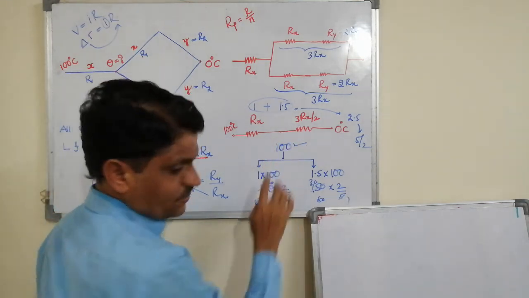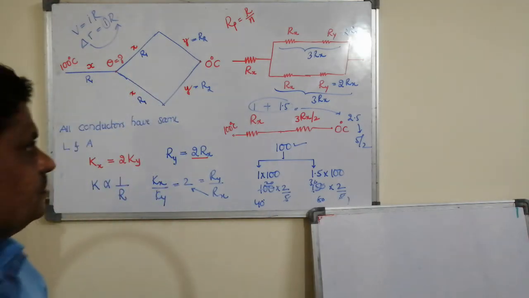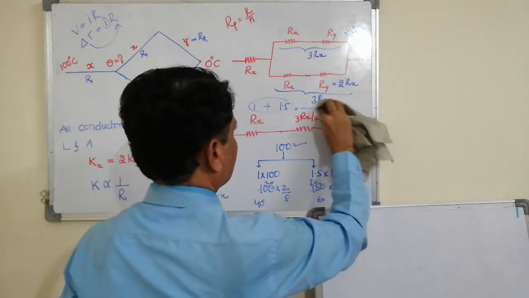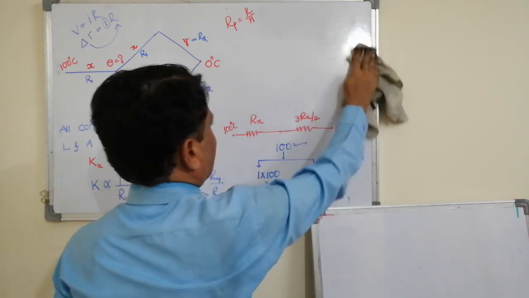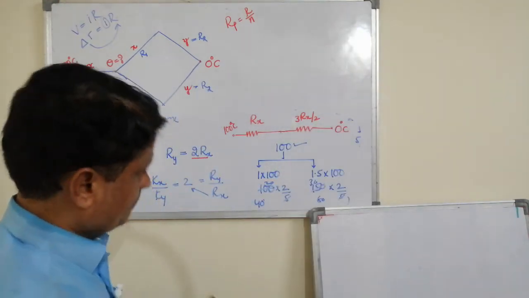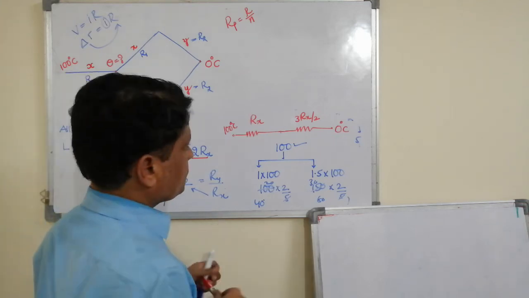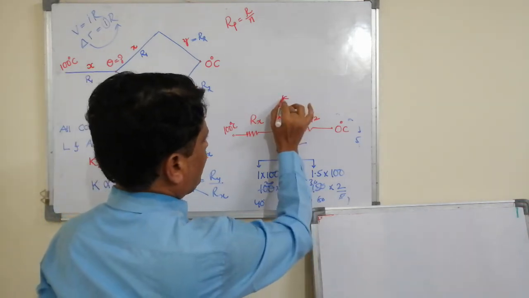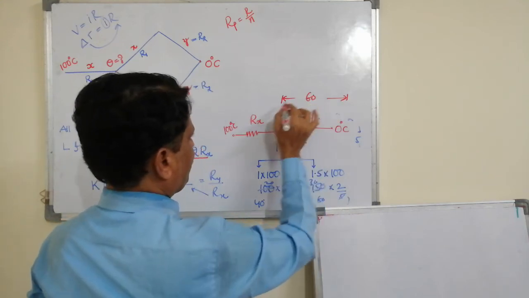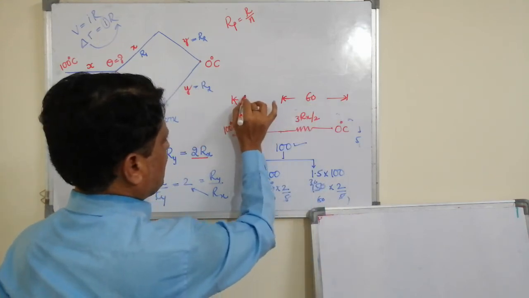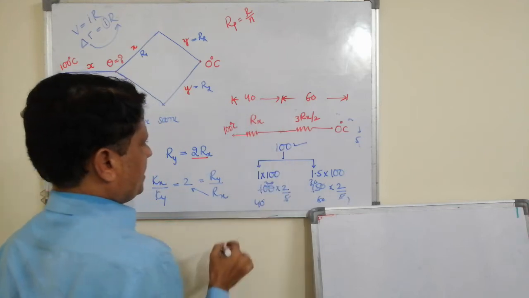Here resistance is more, so temperature drop is also more, that is 60. Here resistance is less, here it is 40 degree change.